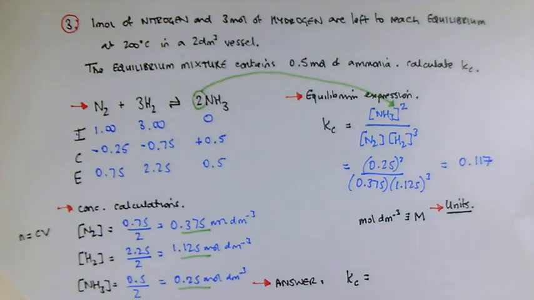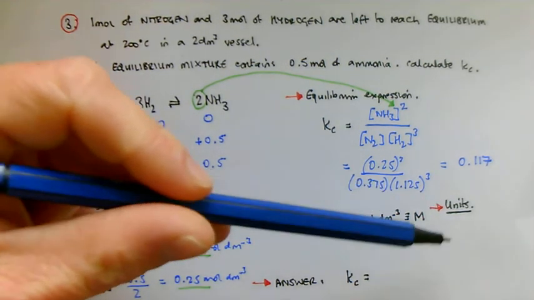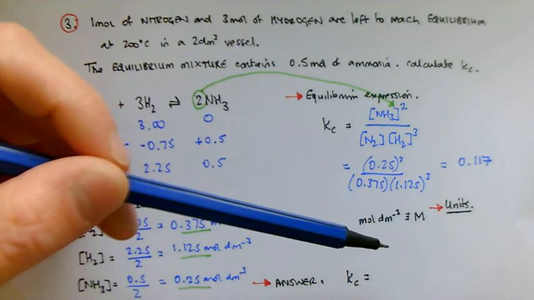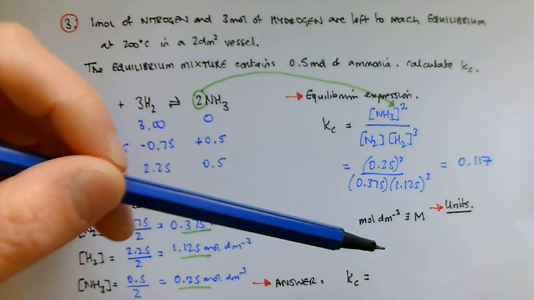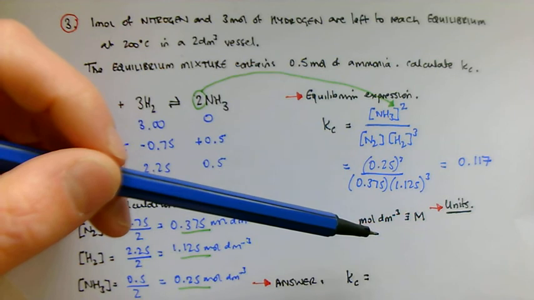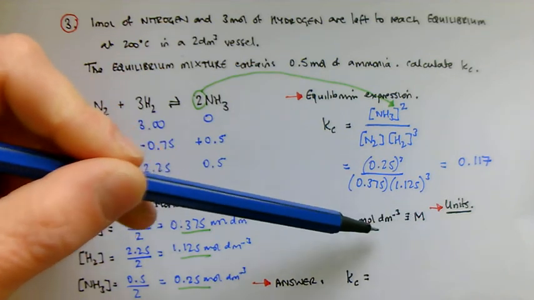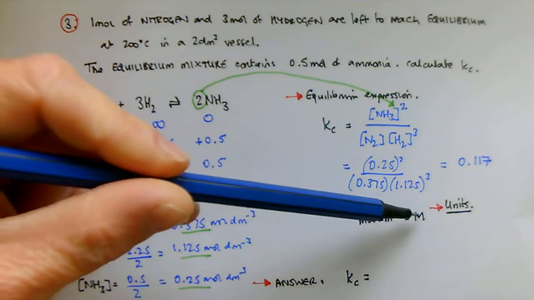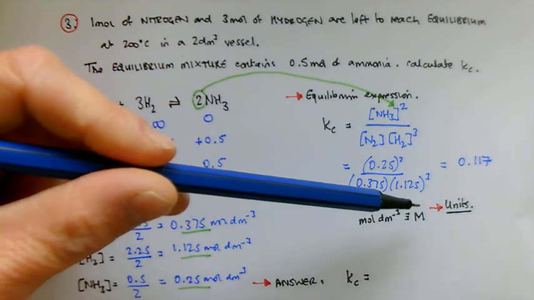So the next thing to do is just to have a look at the units for Kc. So just to keep it simple, I always like to do my units as a separate little calculation. So let's just call mole per decimeter cubed m, and it will make it a little bit easier.